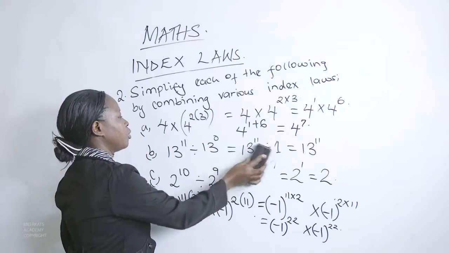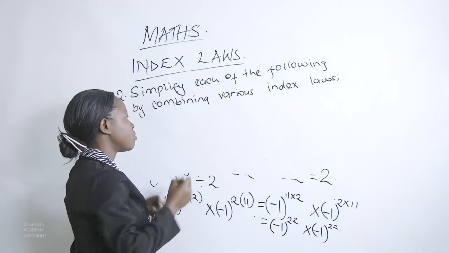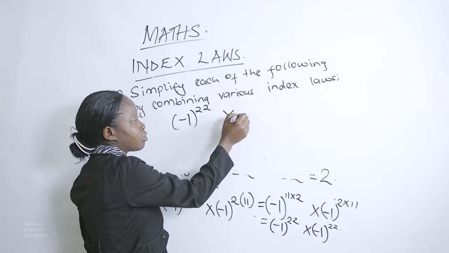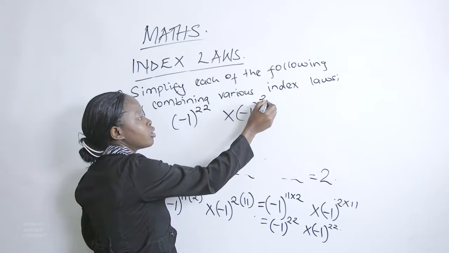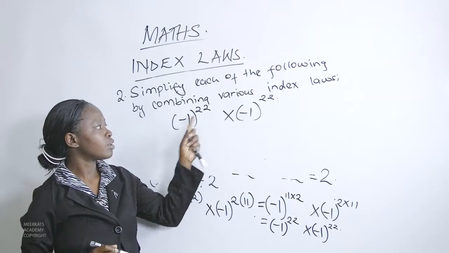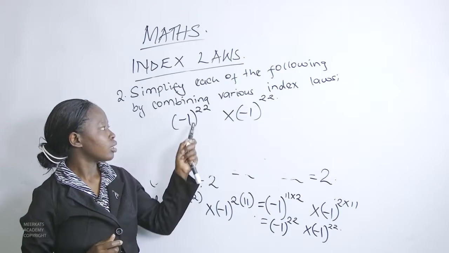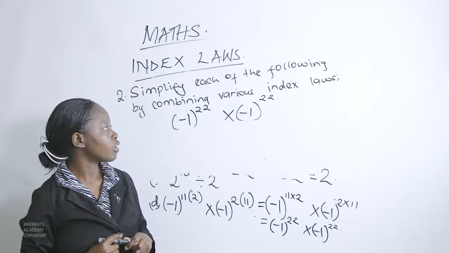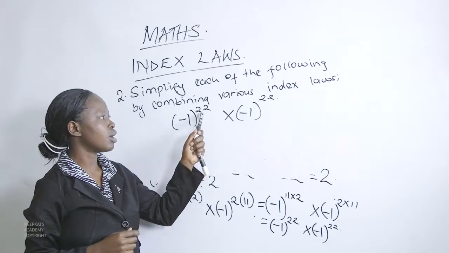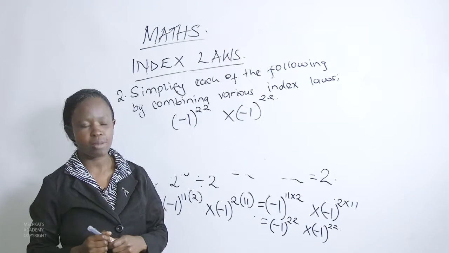We need to simplify negative 1 to the power of 22. What we are looking at is which type of number we have as our power, and we discover that we have an even number as the power.